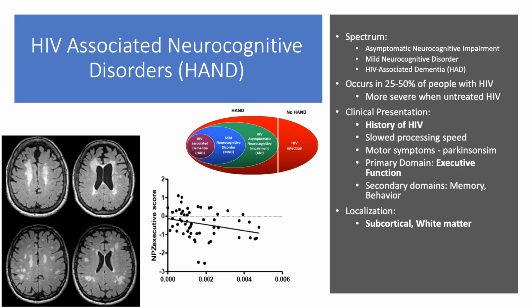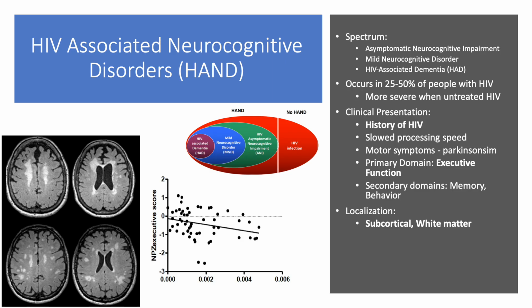In our setting, we cannot talk about cognitive impairment without talking about HIV, because we do know that HIV, at the point of infection, actually, the CNS is one of the sanctuary sites for HIV.